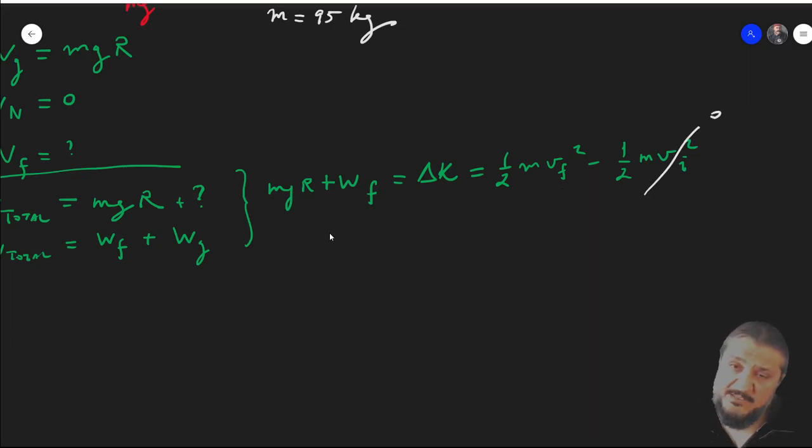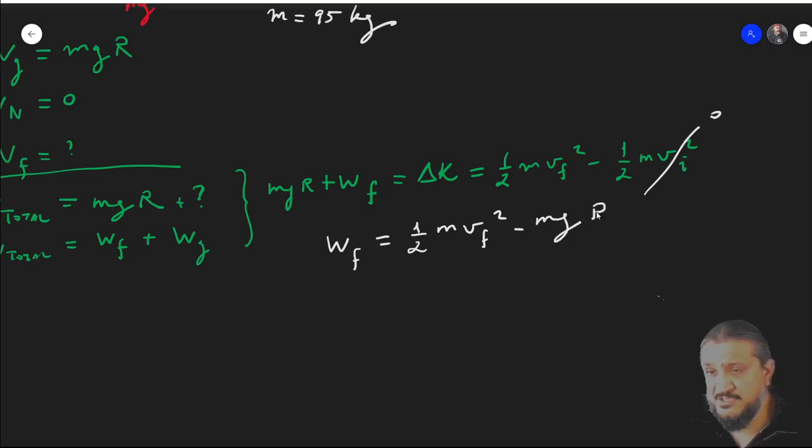Okay, so solving this equation for the work of friction, we have 1/2 m v final squared minus mgR. Will this be a negative or a positive number? Friction, remember, always opposes the motion, so you expect this to be a negative number. Is it so? Let's check.